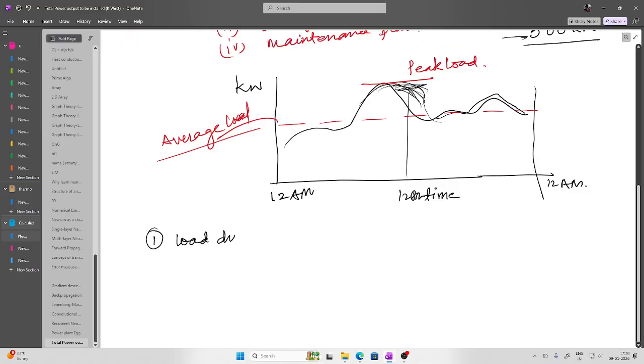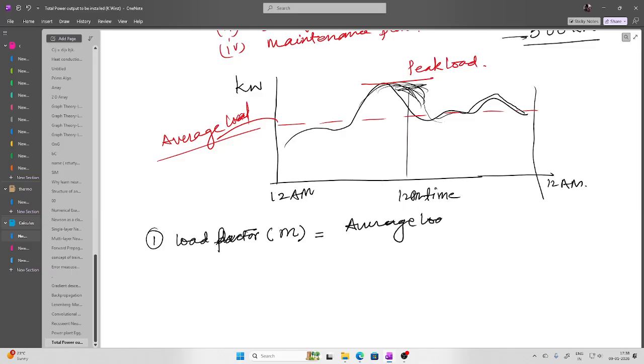So the first one and the very important one is what we call as load factor. Load factor is normally represented as M. It is the ratio of average load to that of the maximum load or the peak load.